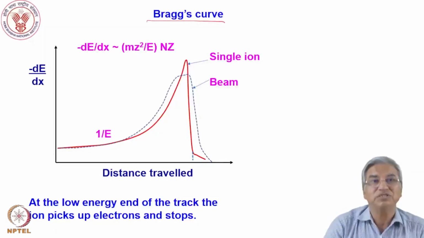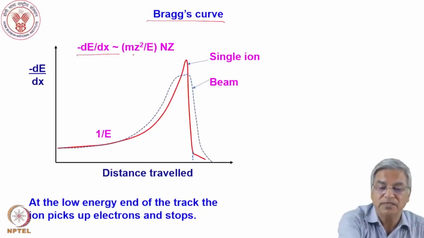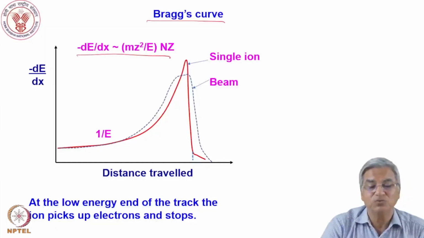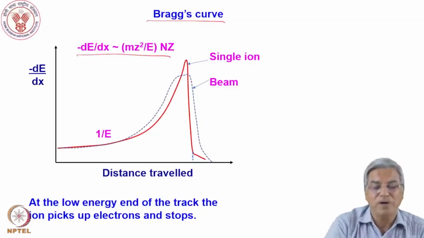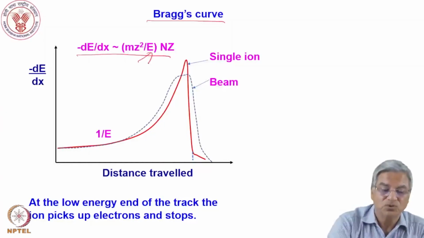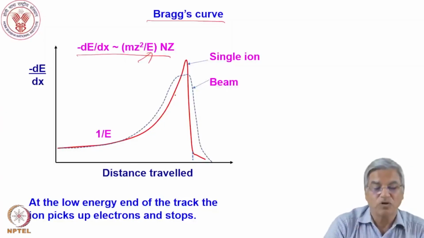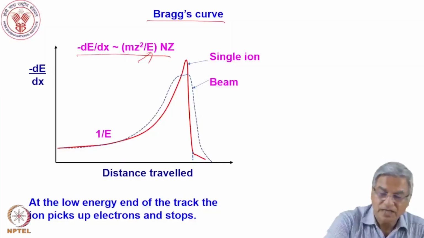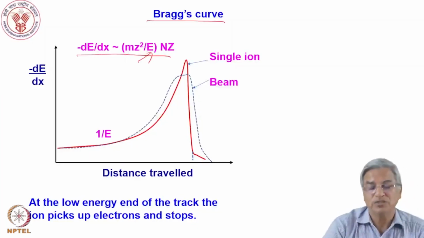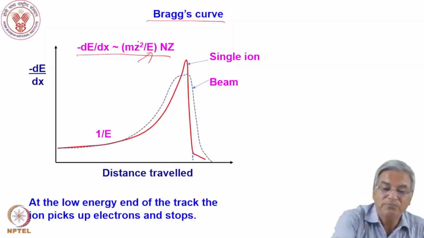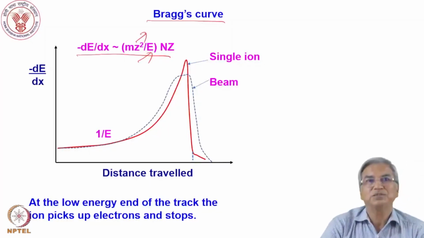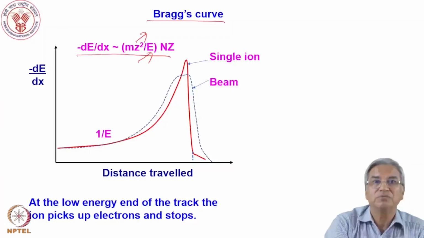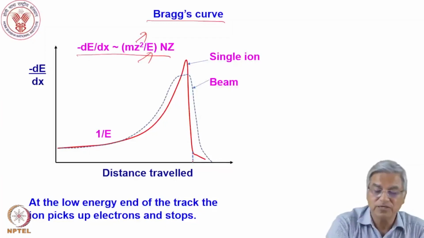Just now we saw that the stopping power changes with mz square by E. As the energy of the ion decreases along the path as it travels in the medium, the stopping power goes up as 1 by E. And then when the ion starts picking up electrons, the Z becomes low because the ionic charge reduces, and the stopping power decreases. Finally, it will pick up electrons, become a neutral atom, and get stopped.